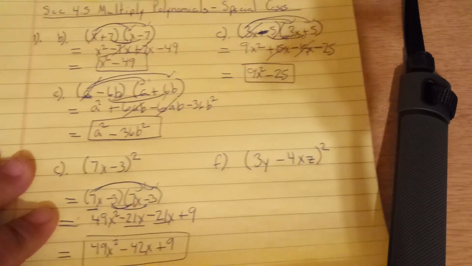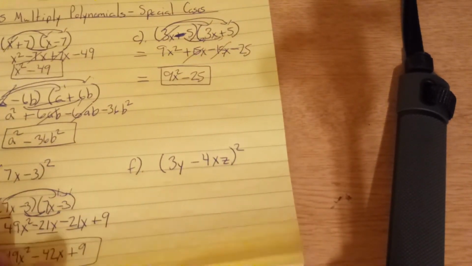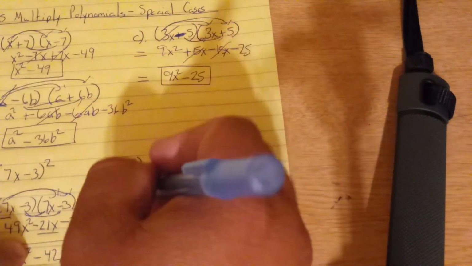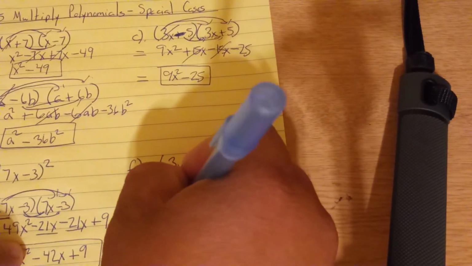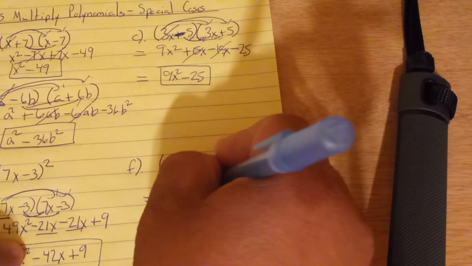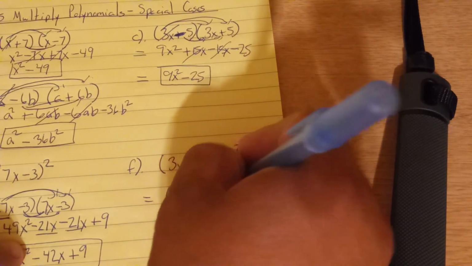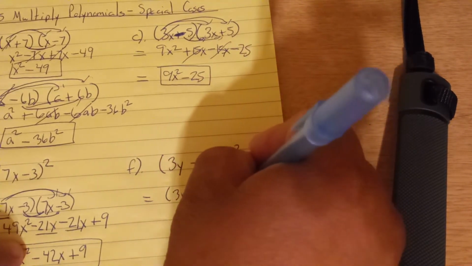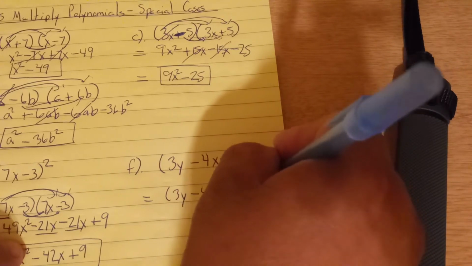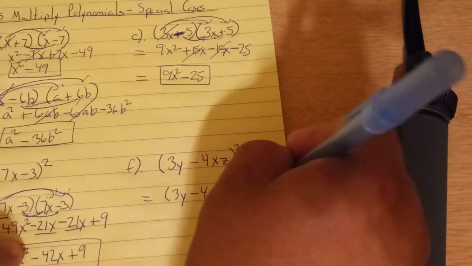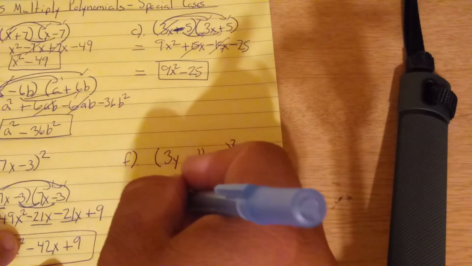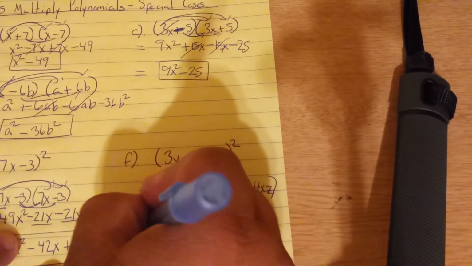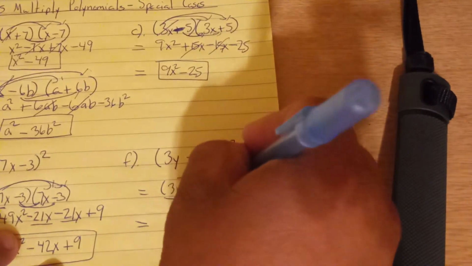All right, so quickly, the next one just has more variables to it. So this will be, once again, 3y minus 4xz times 3y minus 4xz. So once again, we distribute the 3y. So it'll be 3y times 3y.